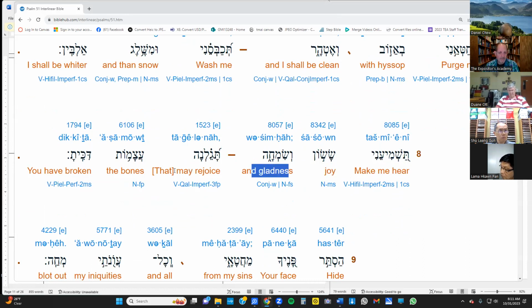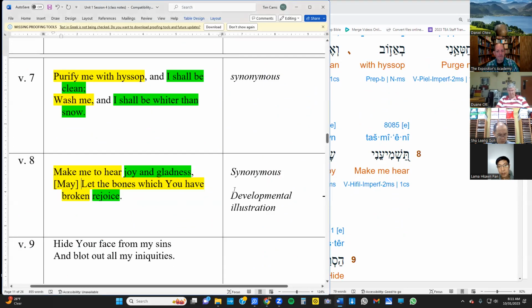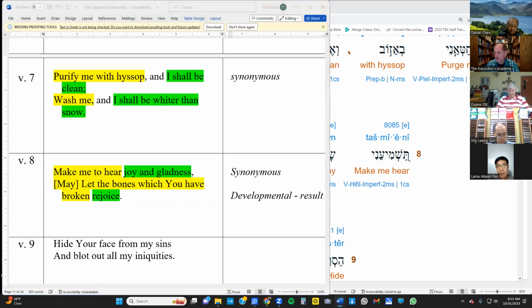And then notice they put that in brackets here, that the bones you may have broken. So they see more of a result. So that too could be, yeah, this one's a little tougher. And sometimes that's going to be the case. It won't necessarily be clear as to which one it is.